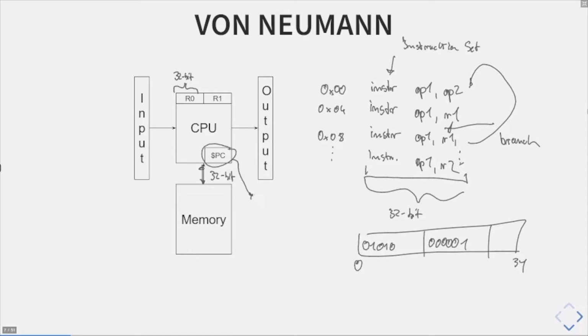In the default case, it will always be incremented by 4 or 8 bytes, depending on whether you have a 32-bit or 64-bit CPU, or it's modified by a jump instruction, which basically just resets the PC to somewhere else where the execution should continue, or by a branch instruction, which is the same, but depending on a certain condition on your memory. Right, this is the basic model.